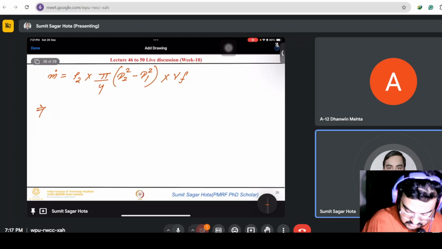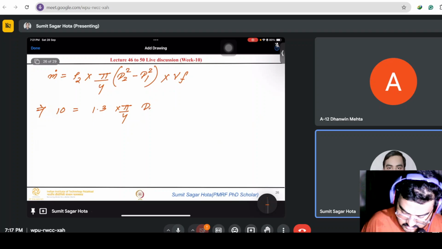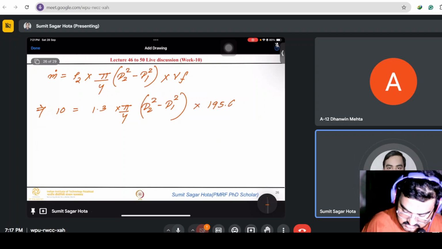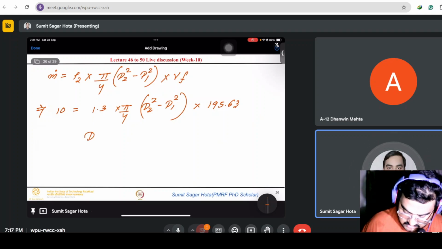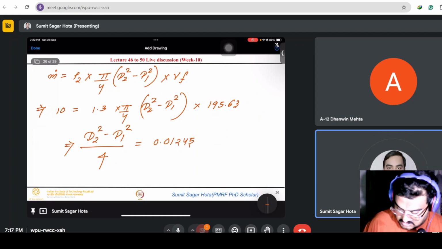Just substitute the values: 10, 1.3, pi by 4, d2 square minus d1 square, and the flow velocity 195.63. So here you can find d2 square minus d1 square by 4 is equal to 0.01245.